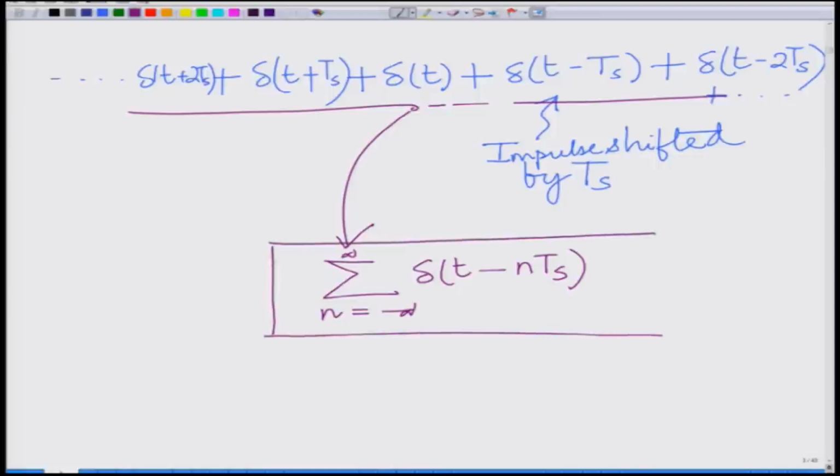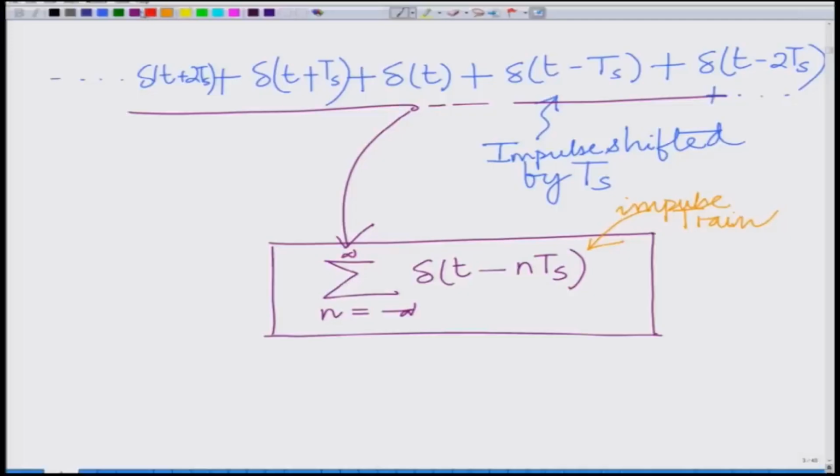This is basically your impulse train, that is, you have this sequence of impulses, one impulse at every Ts or multiple of Ts, that is impulse at 0, Ts, 2 Ts, and so on, impulse at minus Ts, minus 2 Ts, and so on.